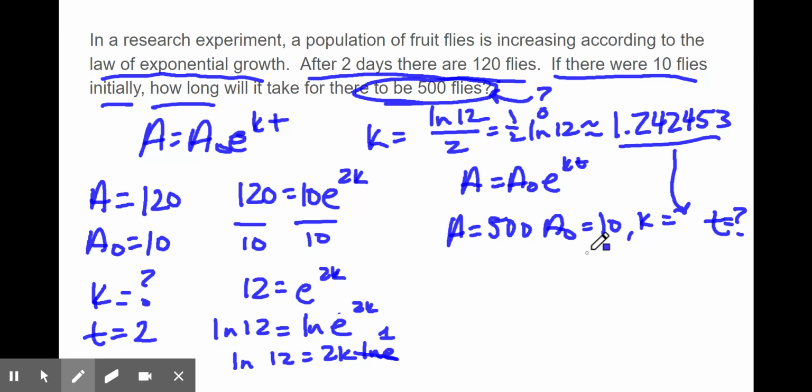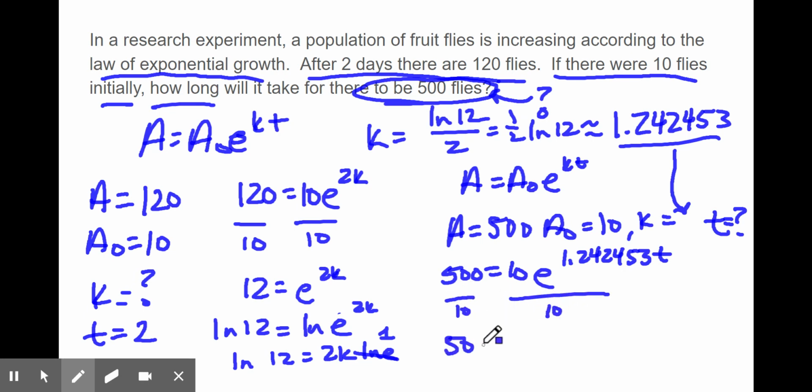So we plug the numbers in. We have 500 equals 10 e to the 1.242453t. Solve for t. Divide by 10 on both sides. We have 50 equals e to the 1.242453t. Take the natural log on both sides.